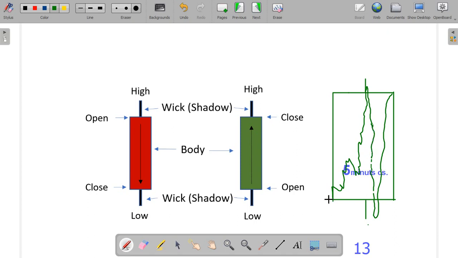In 1 minute, this is the open, this is close, this is high and this is low. Fine. So in candle you are not seeing the price movement, but actually there is a price movement which is going on. This is opening here. This is closing here, this is high and this is low.